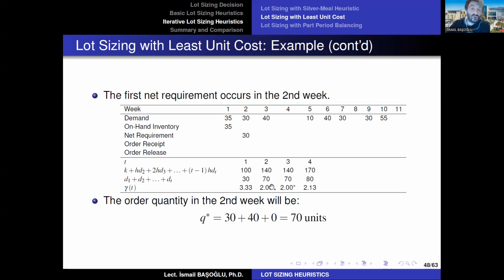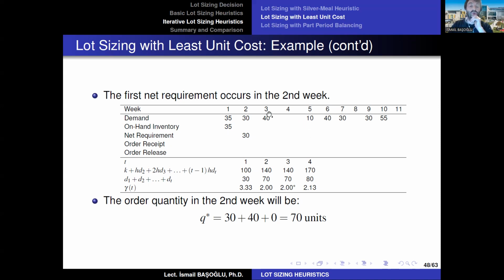Now, if I introduce the fourth period, the cost will not be affected because there is no demand. And the total demand will not be affected either, and you see again, 140 will be divided by 70. The calculations will not be affected, and this value will stay the same as $2. And we do not observe an increase, so we should continue, okay? As long as it does not increase, we should continue, okay?